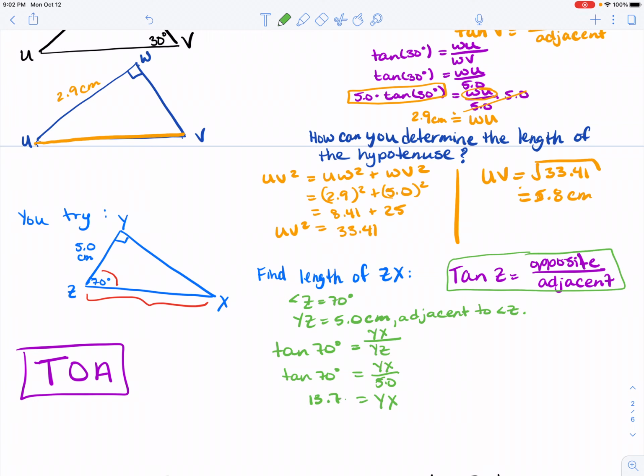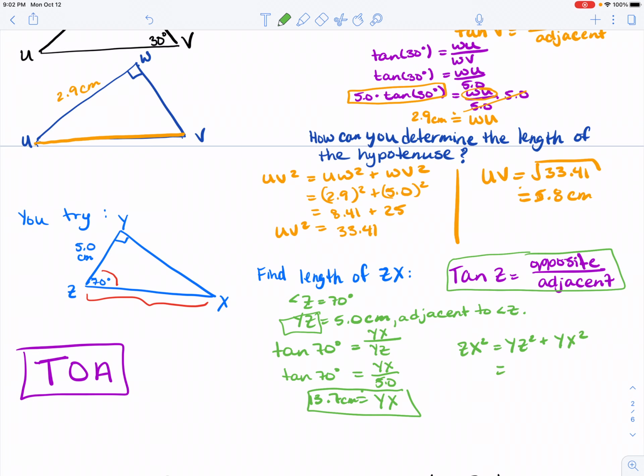I can now solve for YX, and you should have gotten 13.7 centimeters approximately. Now that we have YX, I also have YZ, so now I can use ZX squared equals YZ squared plus YX squared.